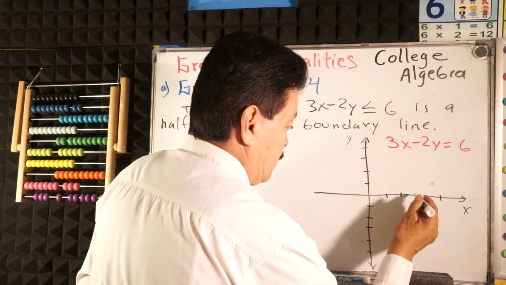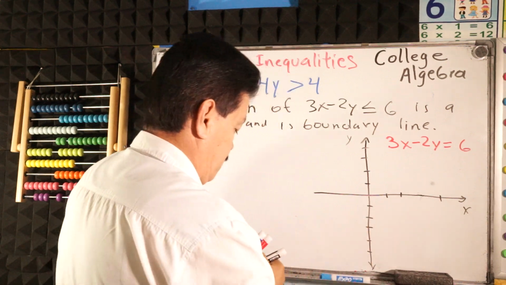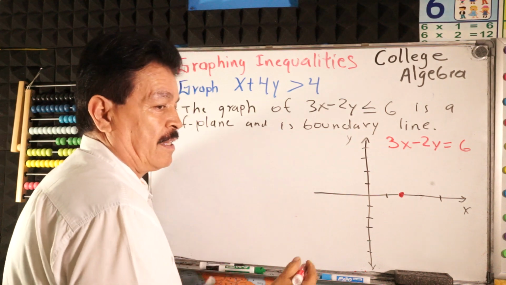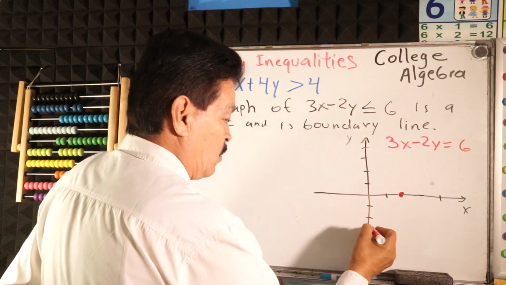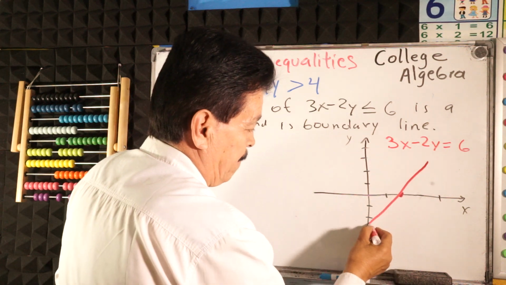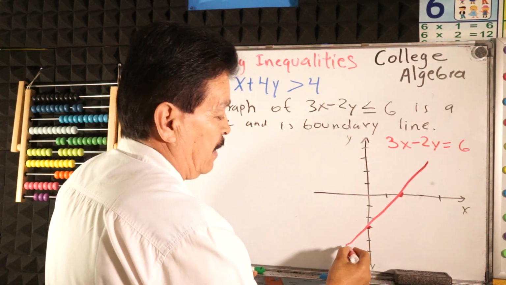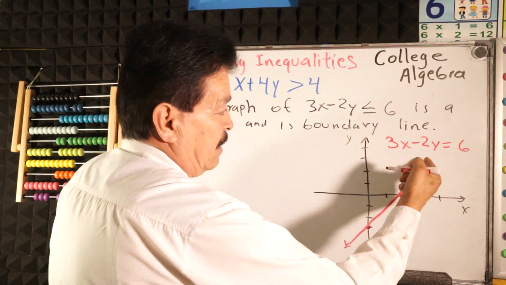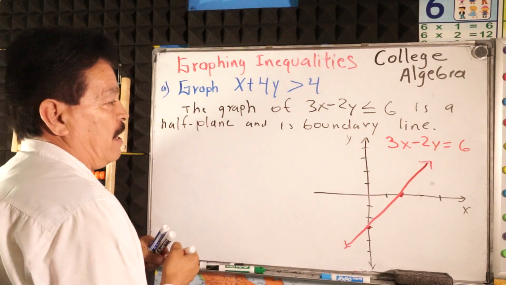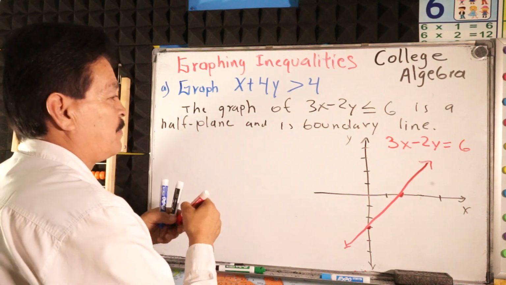One point is right here. The other point is 1, 2, 3 right here. So the graph is this way. Okay, this is the graph. This is the first step.